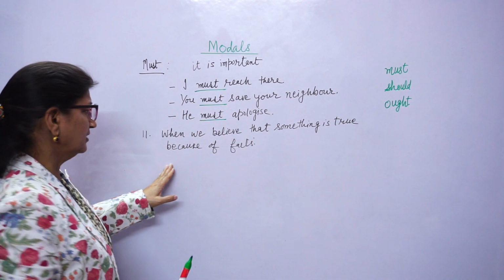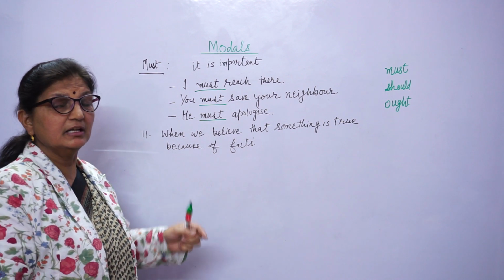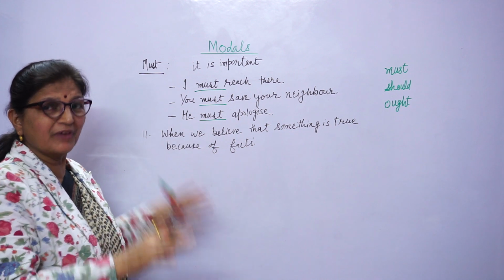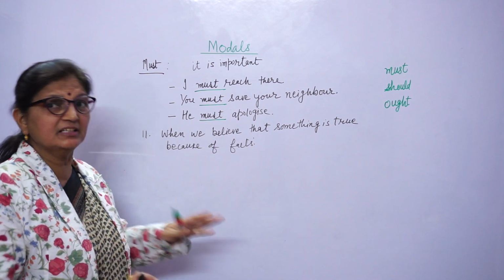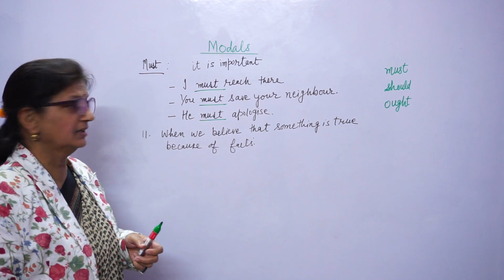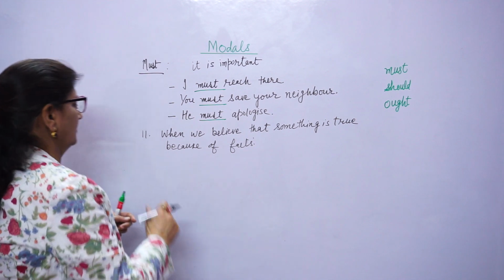Give attention to it. कई बार हम सोचते हैं ये ठीक है, लेकिन वो ठीक कैसे लगता है हमें? क्योंकि सर्कमस्टांसेस और फैक्ट्स ये कहते हैं कि ऐसा ही ठीक होगा. वहां पर भी हम मस्ट का यूज करते हैं. I give you example, then it will be clear.